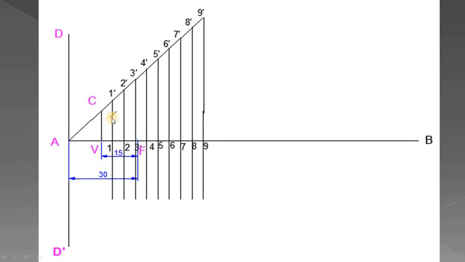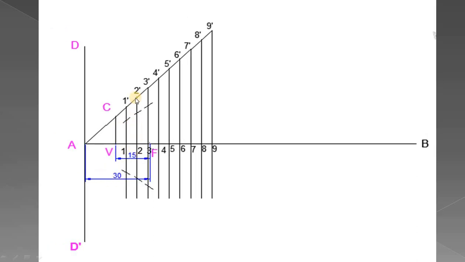I have marked one arc. Take a compass with 1 dash as radius and F as center, and draw one arc to cut the 1 dash line on either side, which means here and here. Similarly, with 2 dash as radius and F as center, draw an arc with the radius of 2 2 dash on either side of the 2 2 dash line, so here and here.